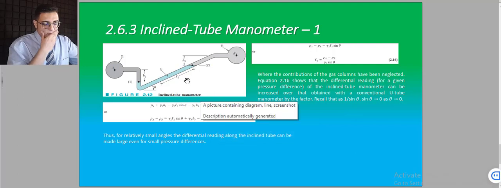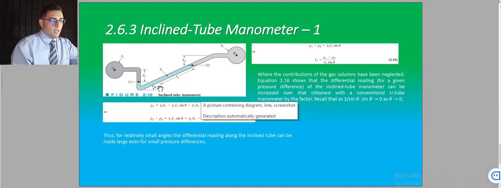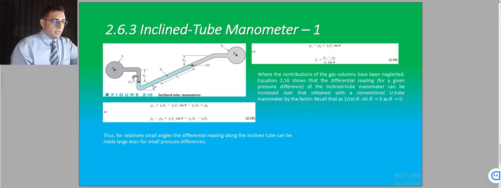Let me illustrate the whole equation. When you have L2 at an inclined angle, if you multiply L2 with the sine of theta, you're going to have this height. So this height is L2 sine theta. When we go downward, the pressure is going to be added. When we go upward from here to here, the pressure is going to decrease.